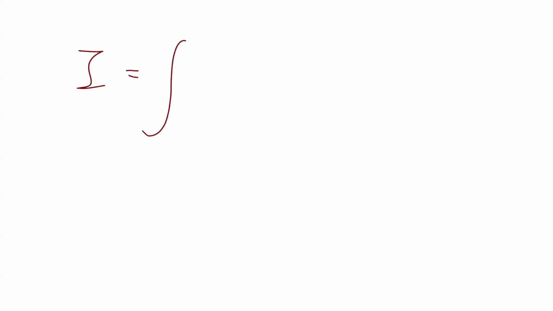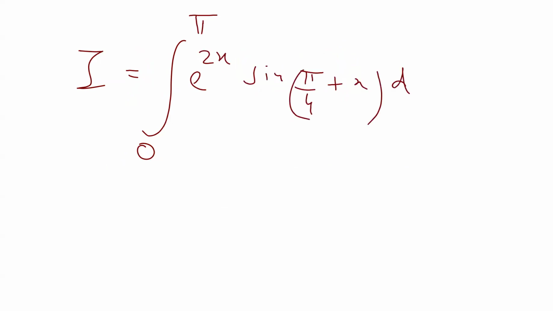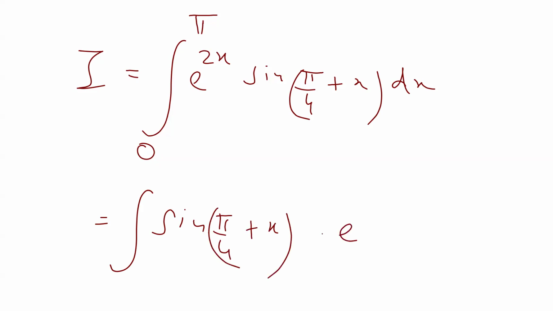Next problem. I'll just give the hint for this problem. I'll not solve it entirely. E raised to 2x sine pi by 4 plus x dx. Okay. So first step is to reverse and then solve using integration by parts. But then see, there are many terms.